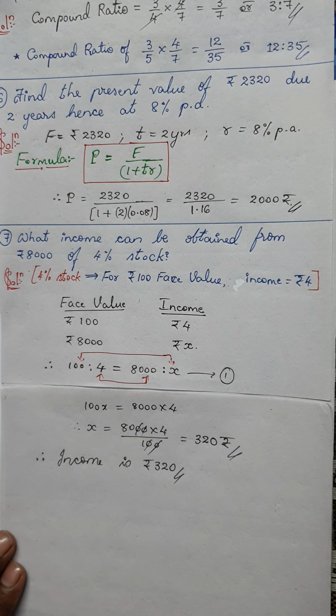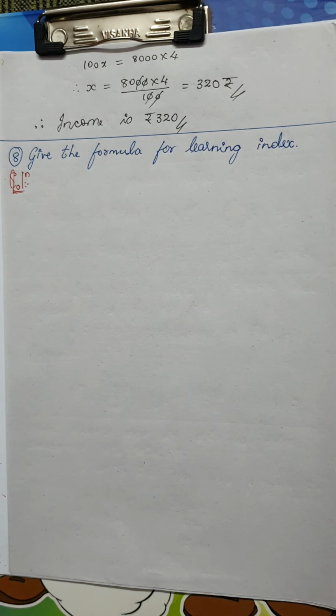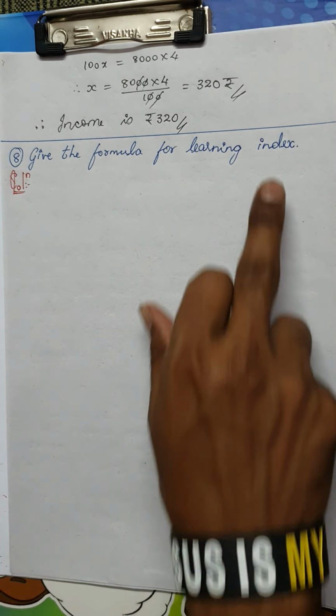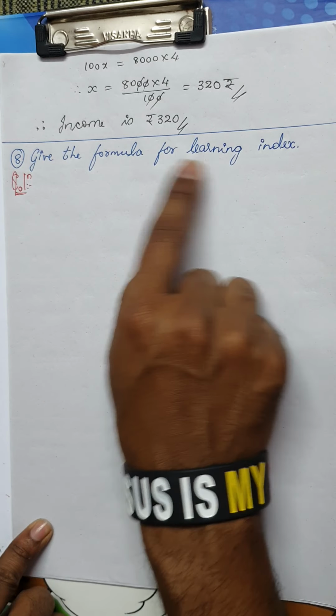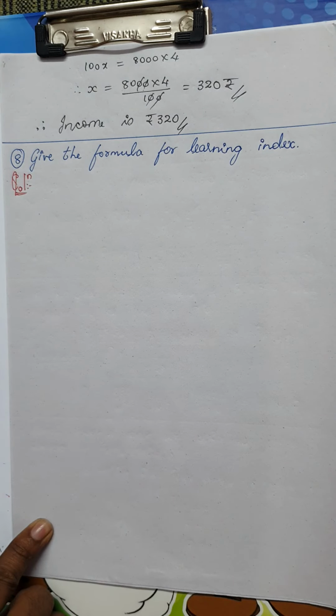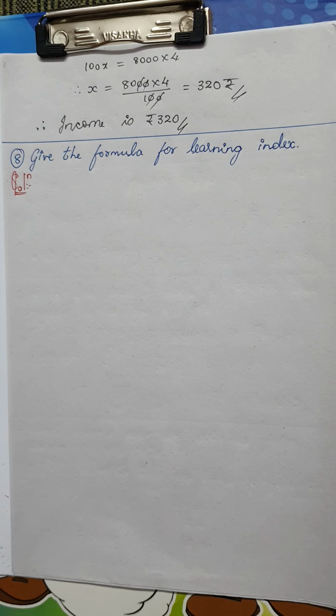Let's go to question number 8, which is a well-known question. Give the formula for learning index. I need not give you the answer for this because we are very familiar with this question in almost all the model question papers. So what is the formula for learning index? It is nothing but log of learning effect divided by log 2, isn't it?